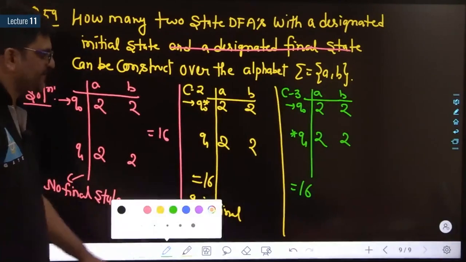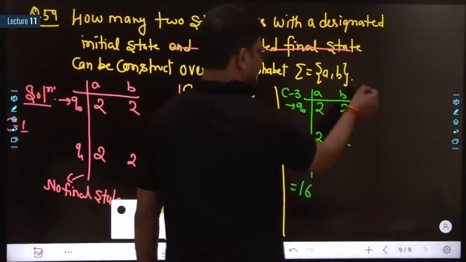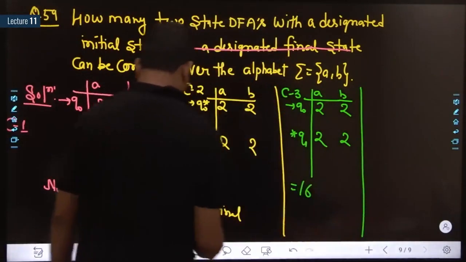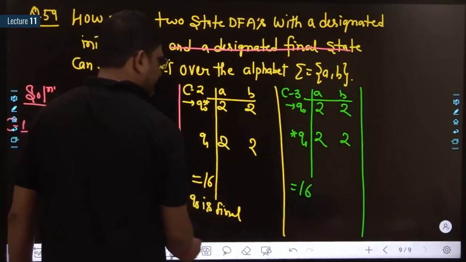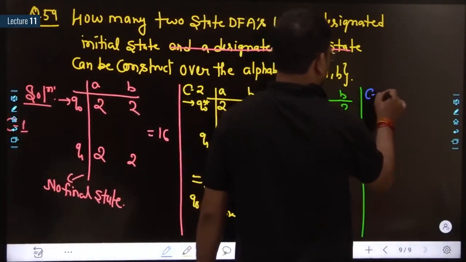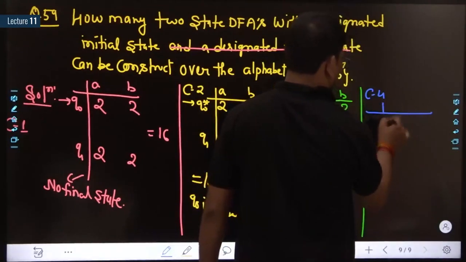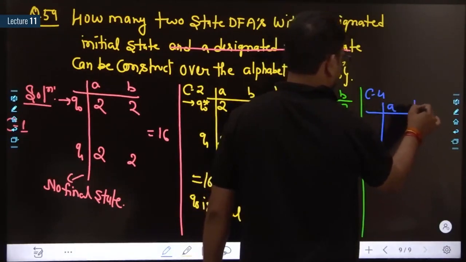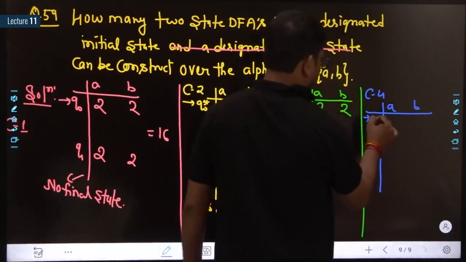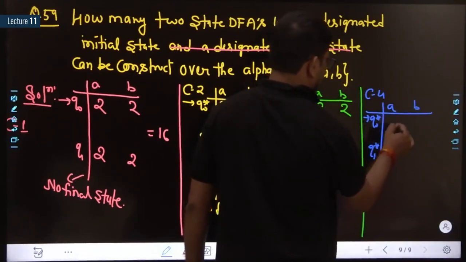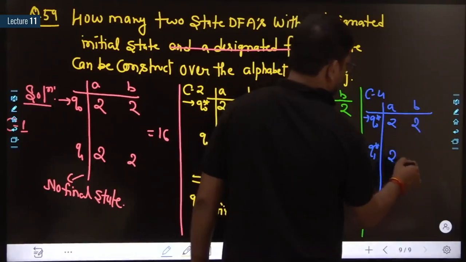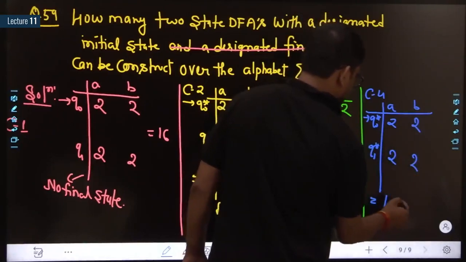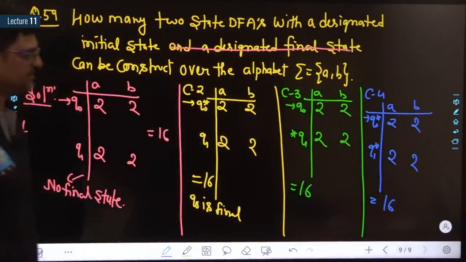Now, case 4. Both are final. This is also possible. Q0 is also final. Q1 is also final. There are also two possibilities each. These are 16 DFAs.